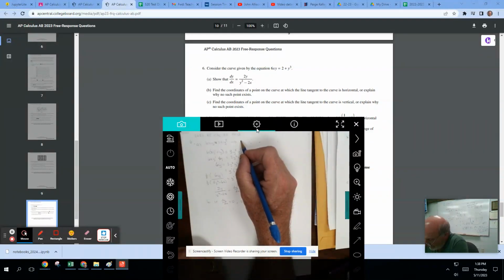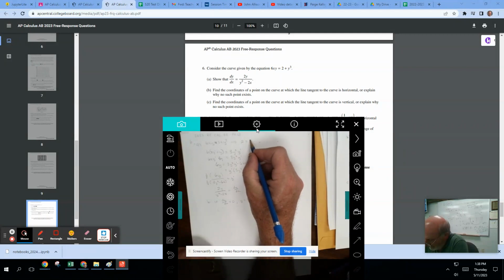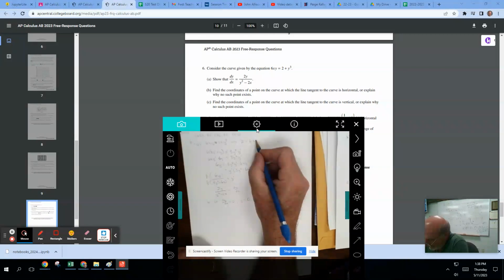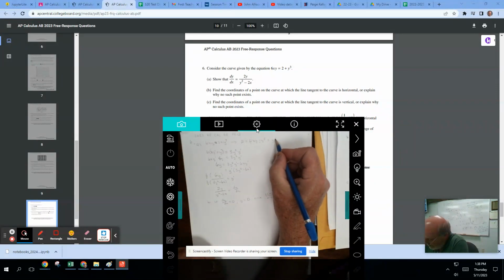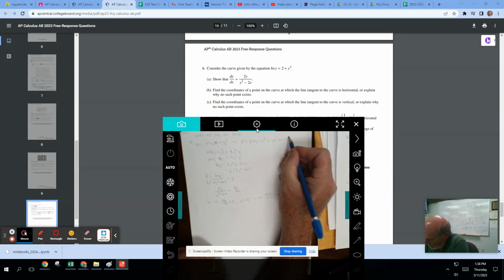If we have 2 equals 6xy minus y cubed, then 2 would equal y times 6x minus y squared.